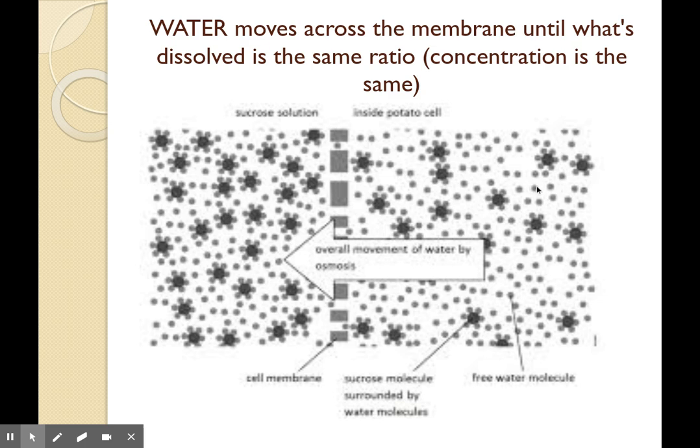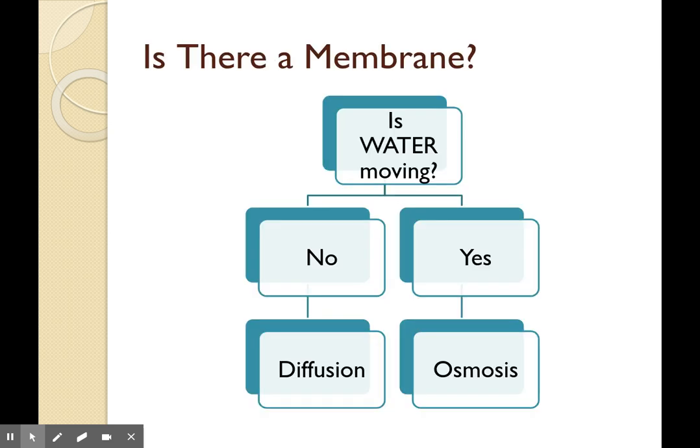So in this diagram, water will move from right to left until the ratio of water to sucrose is the same on both sides. The amount of water on both sides will be different, but the ratio of water to sugar will be the same.